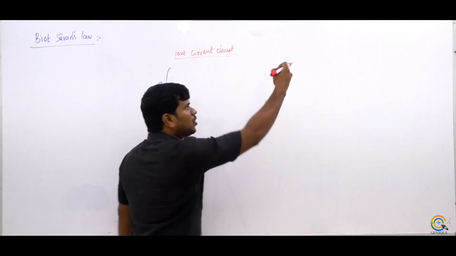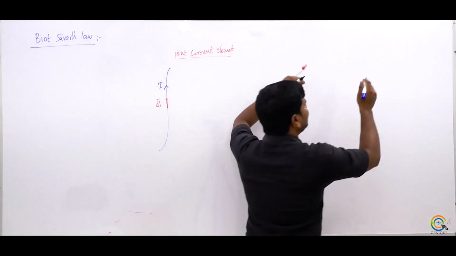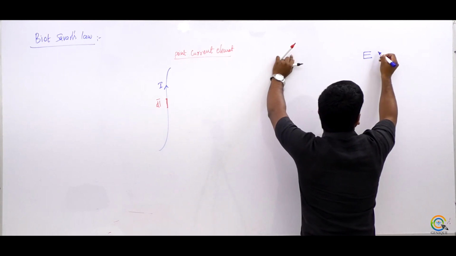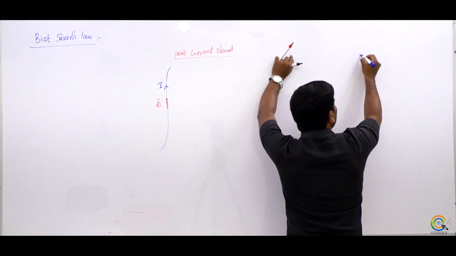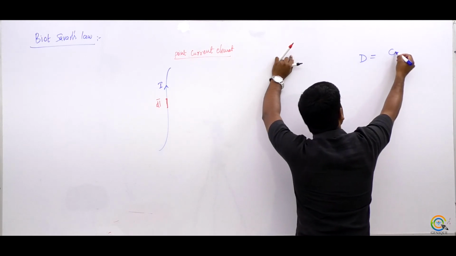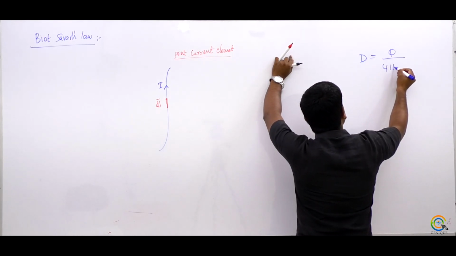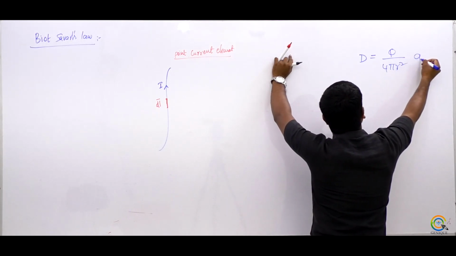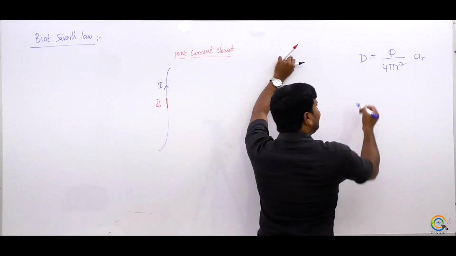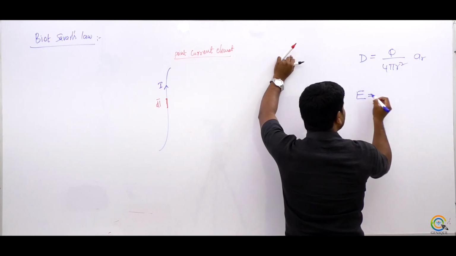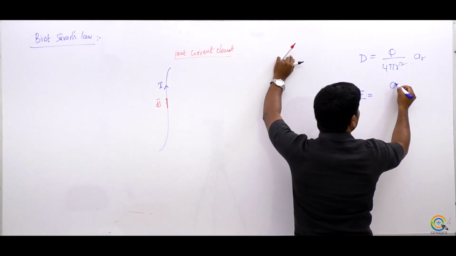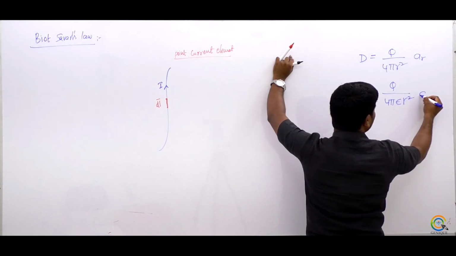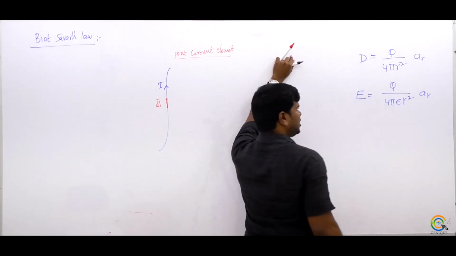Due to the point charge, first of all, what have we calculated? D is equal to Q divided by 4 pi R square AR, and we found the electric field intensity as Q divided by 4 pi epsilon R square AR. The epsilon term is present here.